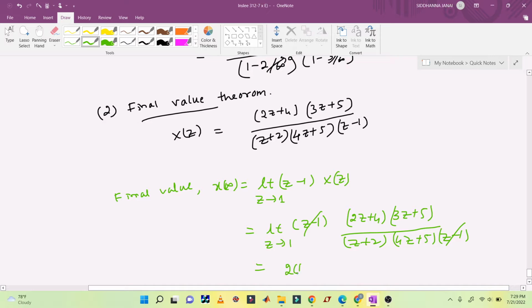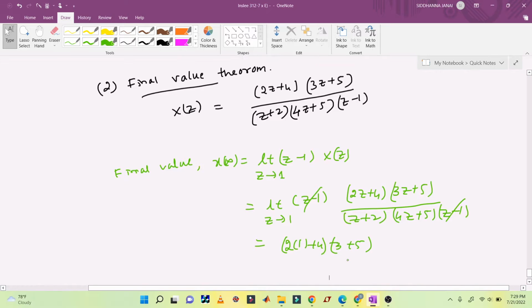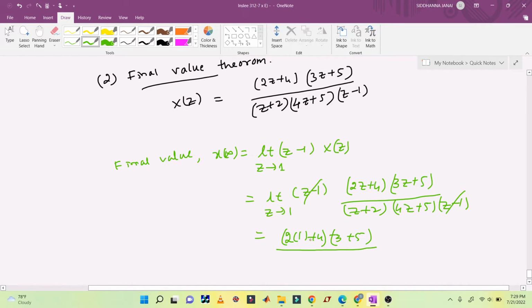So it will be 2 into 1 plus 4 multiplied by 3 into 1 plus 5 divided by 1 plus 2 multiplied by 4 plus 5. 6 into 8 divided by 3 into 9. 16 by 9.